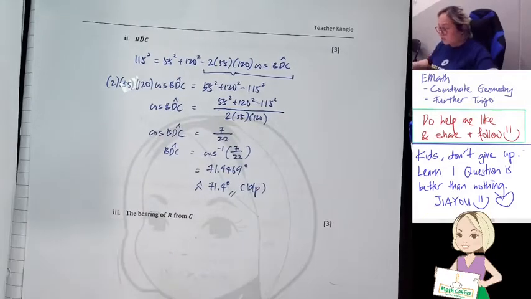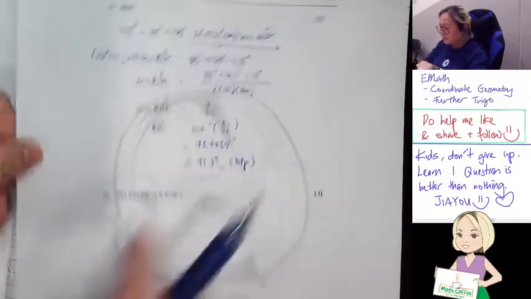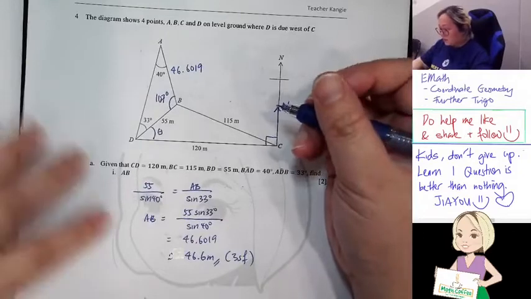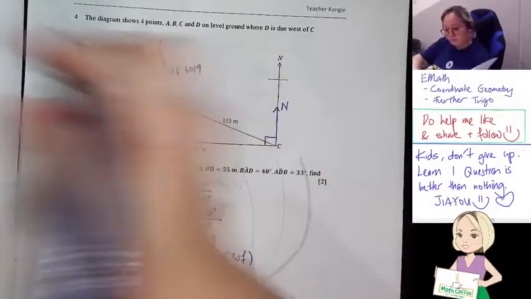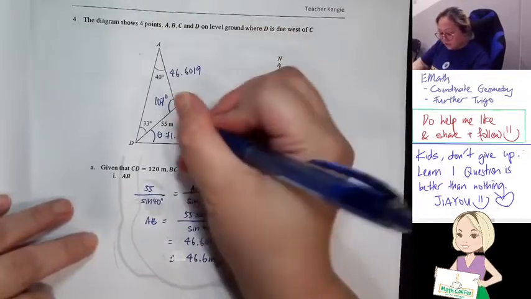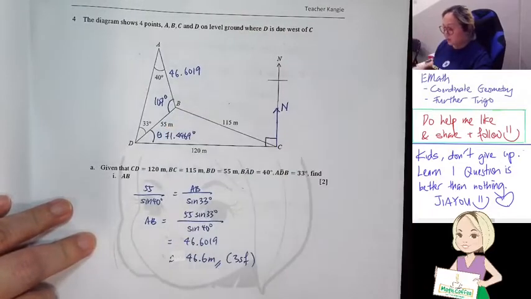Okay, so let's update our diagram. This is BDC, so we will update BDC here is 71.4469 degree.